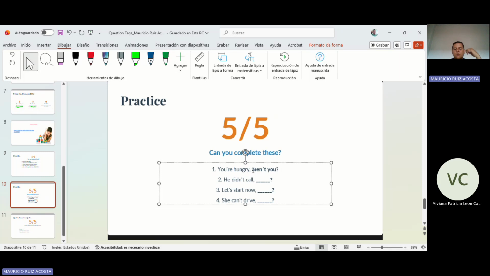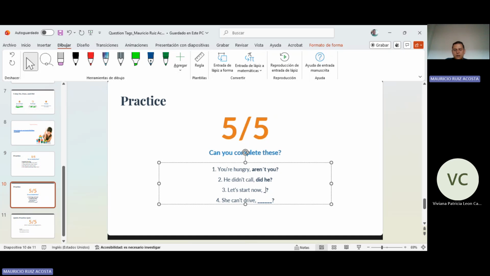For example, here we use are, the verb to be, then we use are too. And the auxiliary verb didn't, then we answer with the same, did, he. Yeah. And the last one, I remember in these sentences, let's start now.